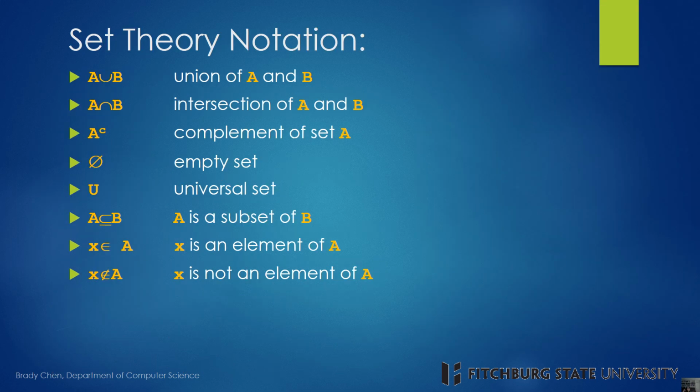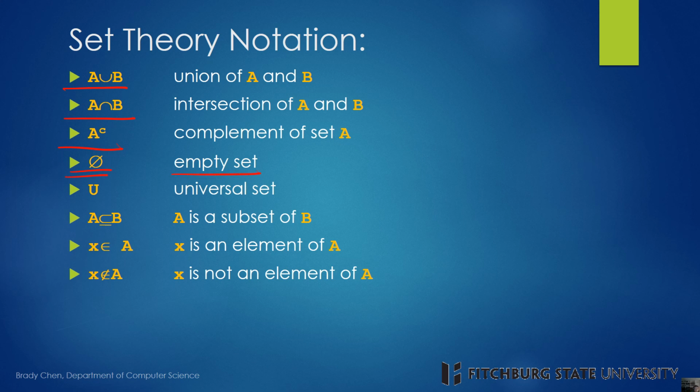Okay, so let's summarize all the notations and all the definitions we have covered so far. We have talked about sets, and also three operations: A union B, A intersection B, and the complement of A. And as a special set, we have the empty set.